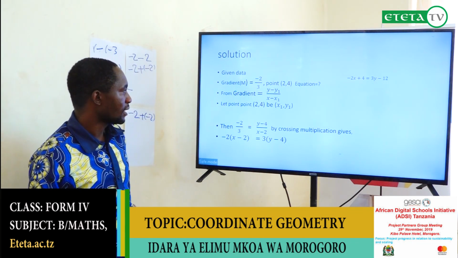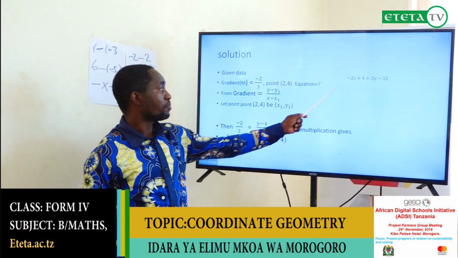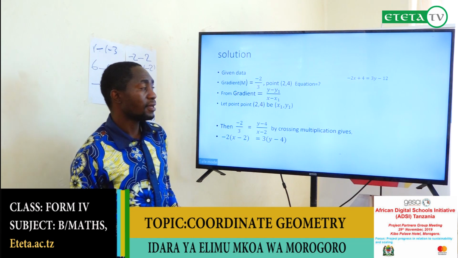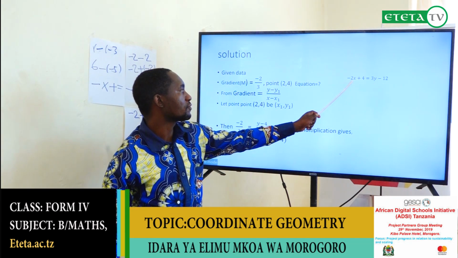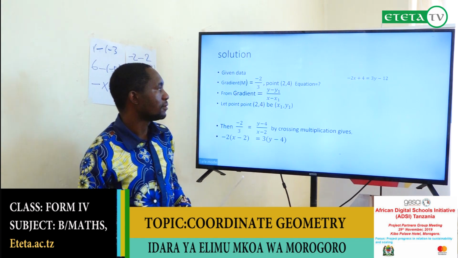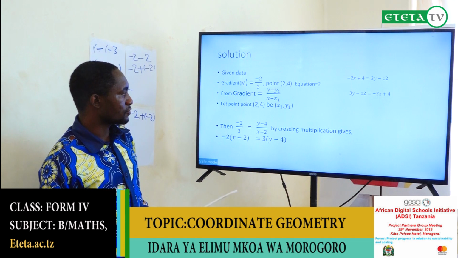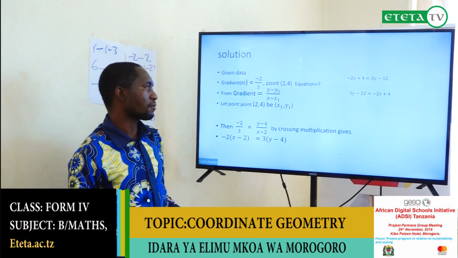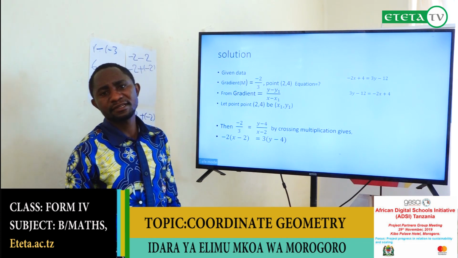Now, our expression can be written by starting with 3y minus 12 equals negative 2x plus 4, because that does not change the meaning of the statement.